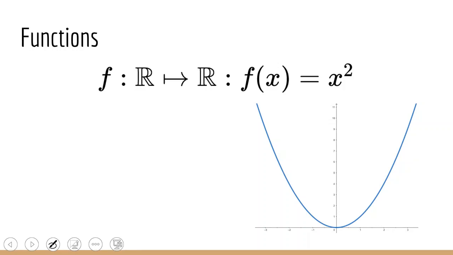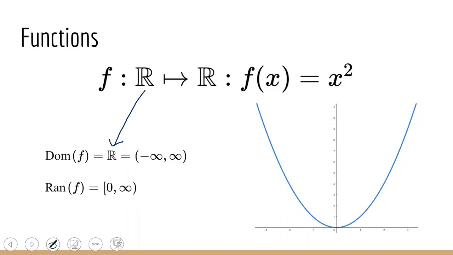And so the domain is just as given, the set of real numbers from -infinity to infinity. The range, however, is the set of non-negative numbers, since a squared number cannot be negative. So this, you'll also notice, is only a subset of the real numbers noted here.